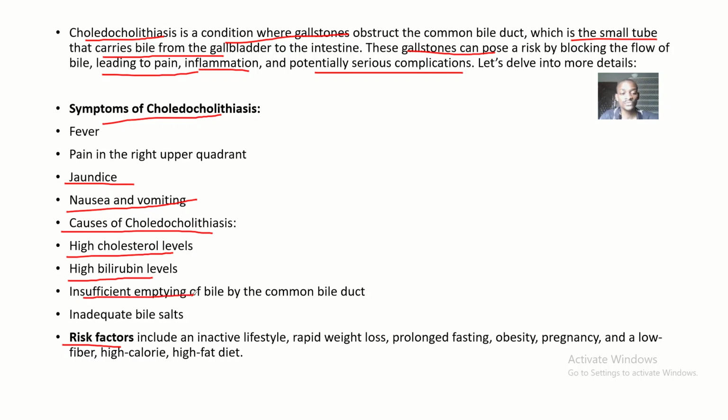If there's insufficient emptying of the bile by the common bile duct, maybe the bile juice gets to precipitate, because it has a lot of calcium in it, forming stones, and these stones will get to block the common bile duct. When there is also inadequate bile salts, it can also cause choledocholithiasis.